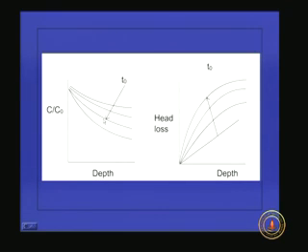If you plot C by C0 versus depth, at different depths, it is like this. Initially we can see that with respect to depth, the C by C0 is reducing considerably. That means, if you take after 10 centimeter depth of the filter, the turbidity reduction is not so much, but it is increasing gradually, and at the bottom of the filter almost everything is getting removed.